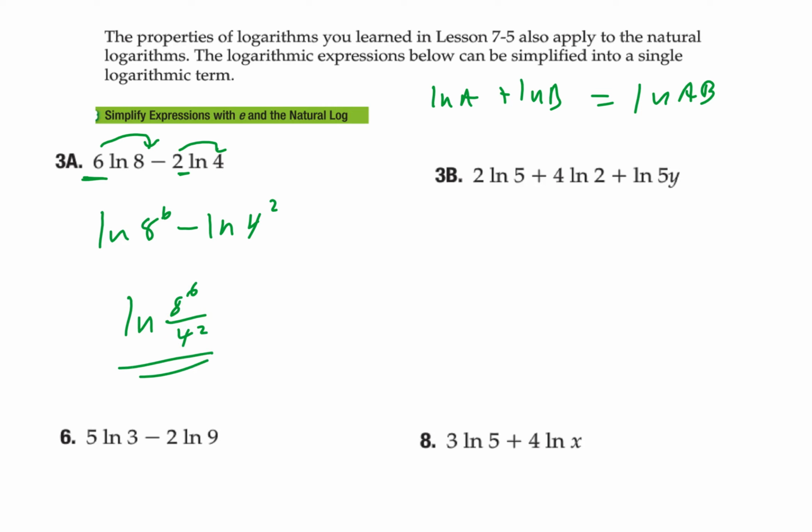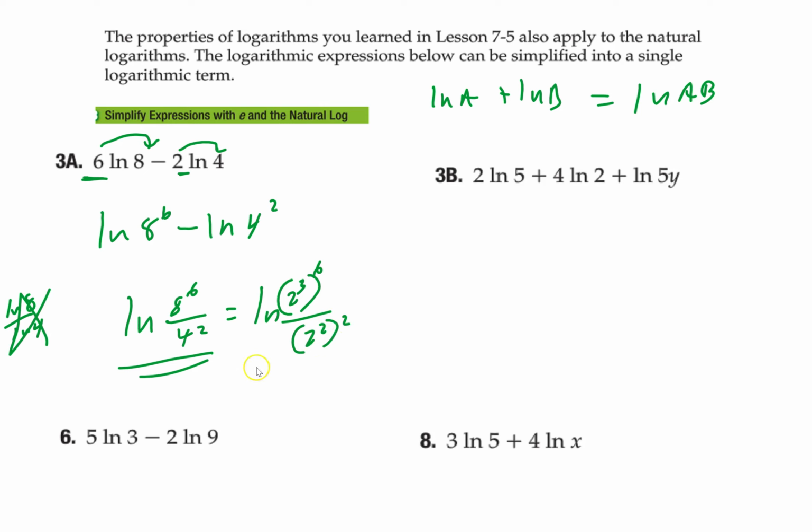Again, it's one log. I hate when people do this wrong. Now, that's done. We actually could reduce it. 8's the same thing as 2 cubed. 4 is the same as 2 squared.